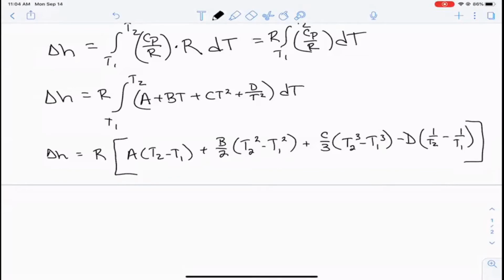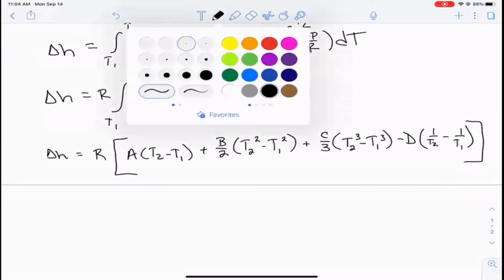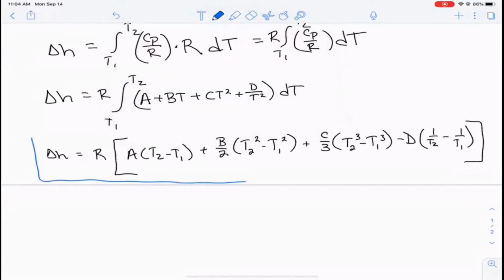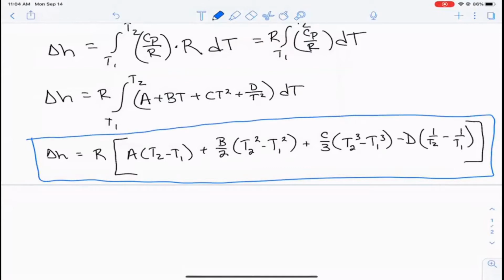So there's delta H, essentially to heat a non-simple ideal gas. Okay? Does anybody have any questions about that?